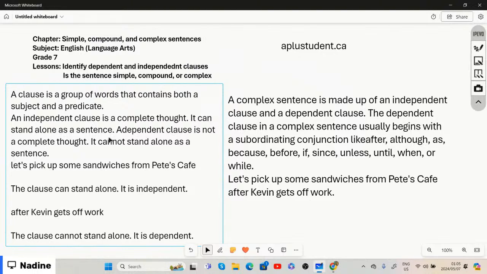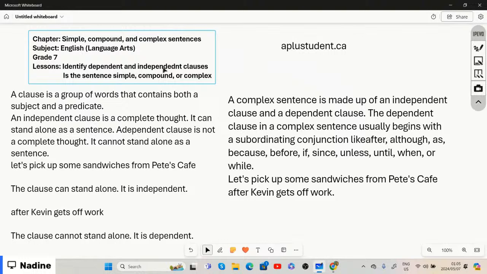And the lessons that we're going to be focusing on under this chapter are to identify dependent and independent clauses, and is the sentence simple, compound, or complex? That is also the question that we are going to answer during the course of this lesson.